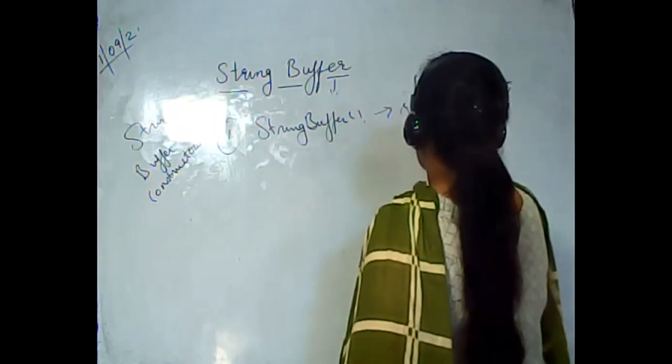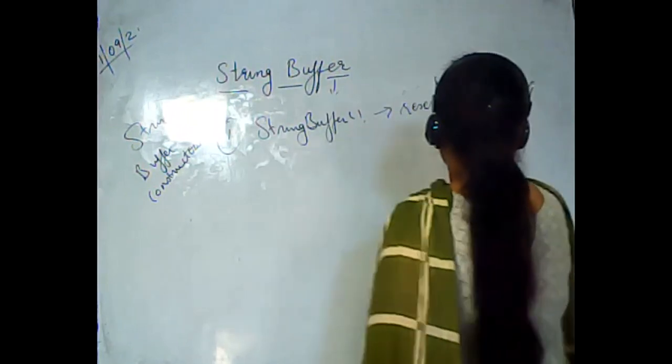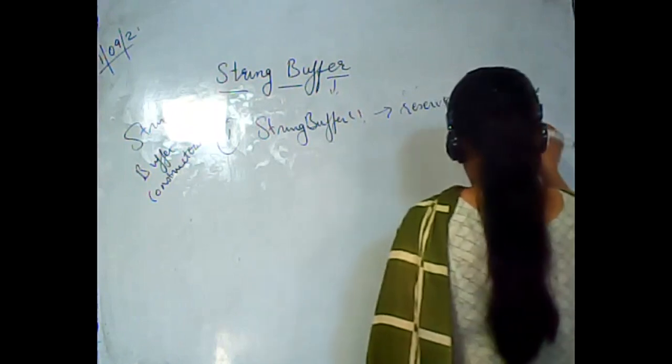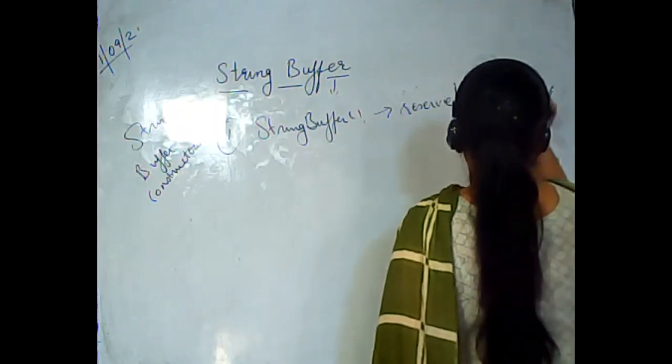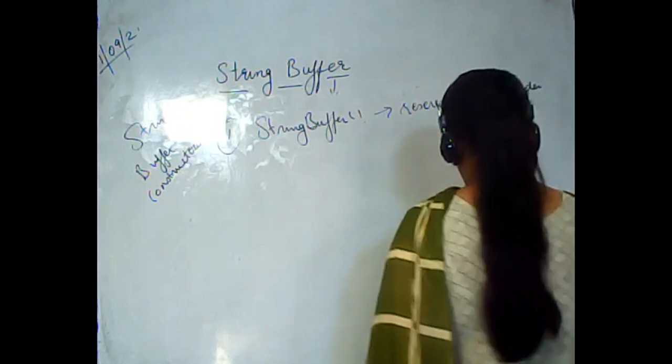The very first one is StringBuffer(). This is a constructor that will reserve 16 characters for each particular string.